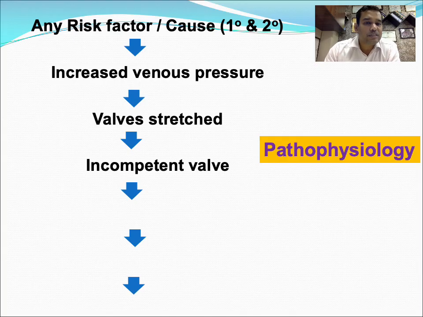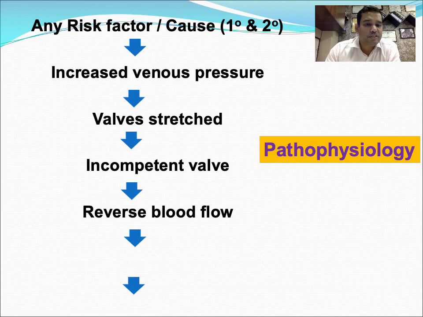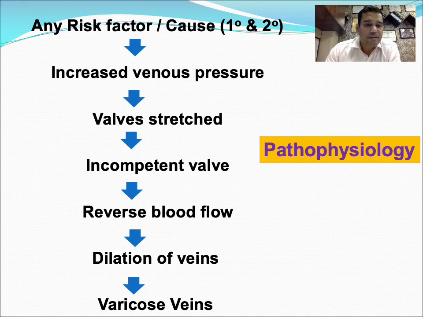The valve becomes stretchy, and this stretched valve becomes incompetent over time, and there is a reversal of blood flow from the deep system to the superficial system, which is normally not there. The superficial veins become dilated, and then the patient will present with varicosities, called varicose veins and their complications.